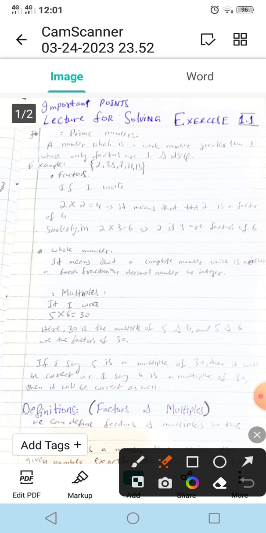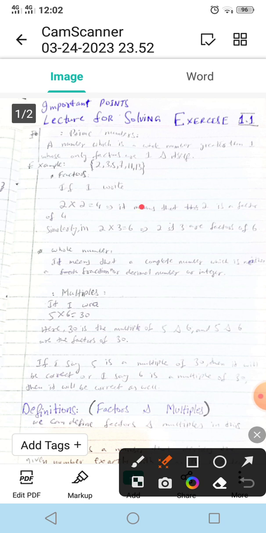Like if we talk about 2, if I write 2 multiplied by 1 is equal to 2, it means that 2 ones are 2.